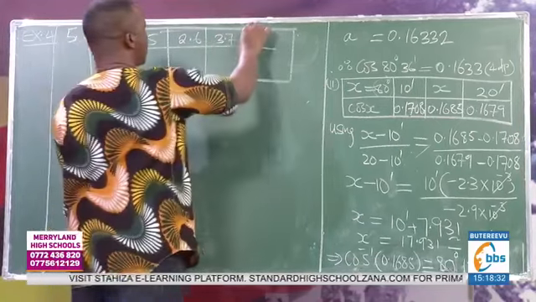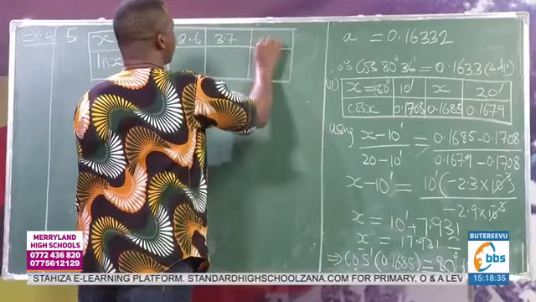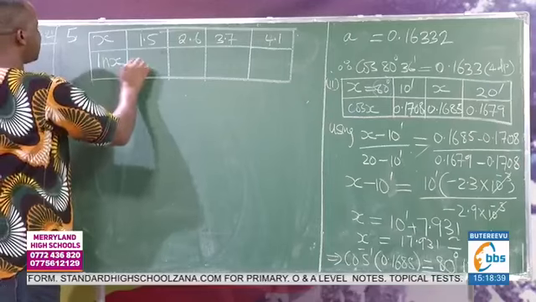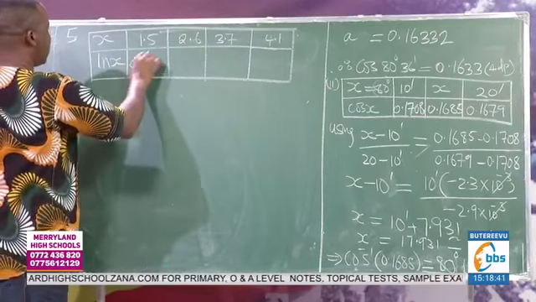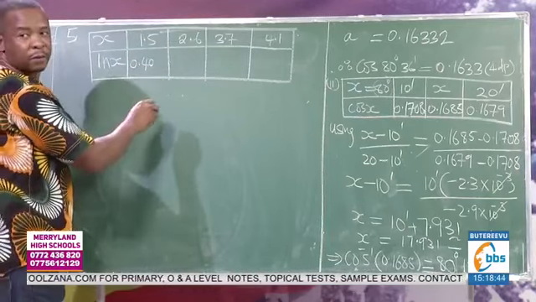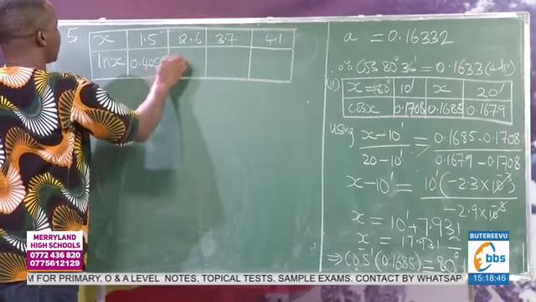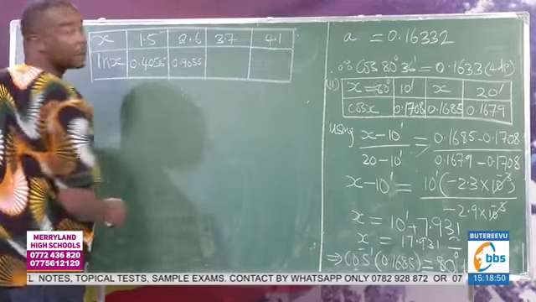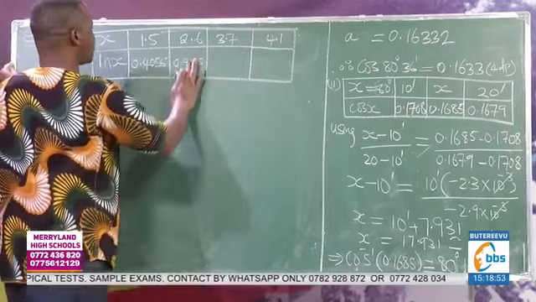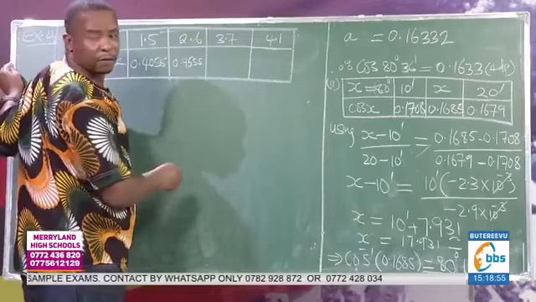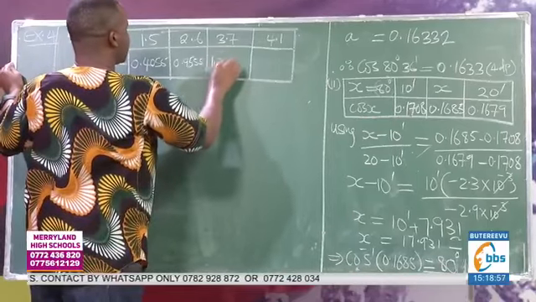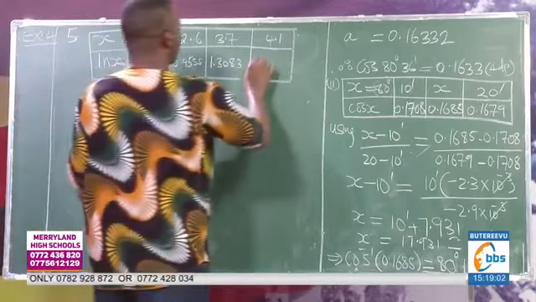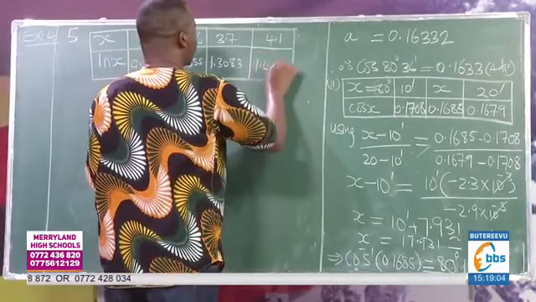So we have this number over here, 4.1, and we have the natural log, 0.4055, 0.9555, and then we have 1.3083, and then we have finally 1.4110.